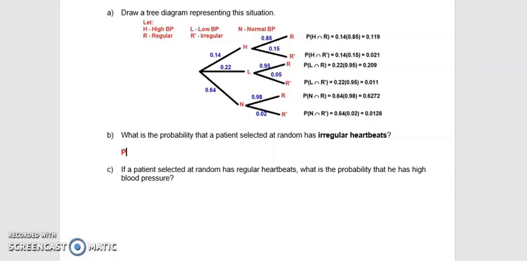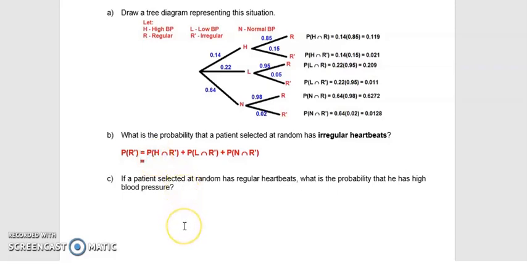You can write P of R prime equal to, looking at outcomes with R prime, the probability of H intersect R prime, plus the probability of low intersect R prime, plus the probability of normal intersect R prime.